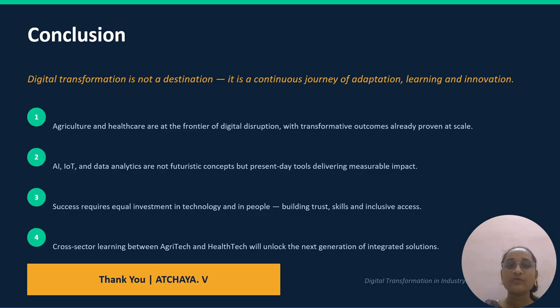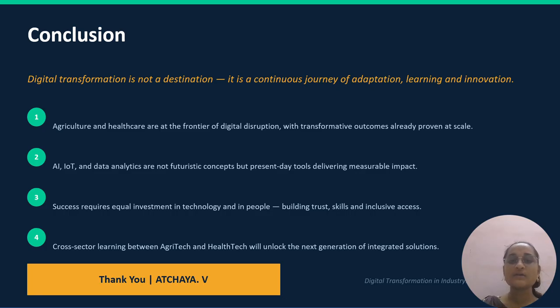There are four key takeaways. First one is agriculture and healthcare are at the frontier of digital disruption with transformative outcomes already proven at scale. Second one is AI and IoT and data analytics are not futuristic concepts but present-day tools delivering measurable impacts. Third one is success requires equal investment in technology and in people: building trust, skills, and inclusive access.